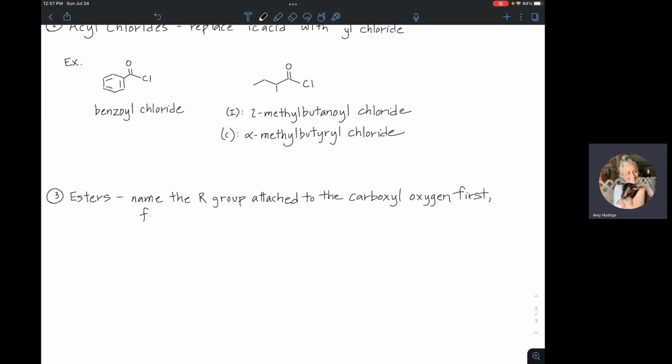And then you're going to follow it with the name of the acid. And that's the carboxylic acid. So I'll just do this to abbreviate it: replacing the ic acid with the suffix -ate.